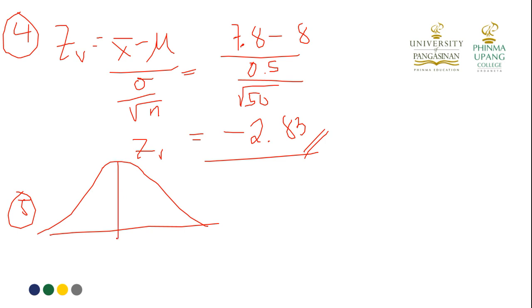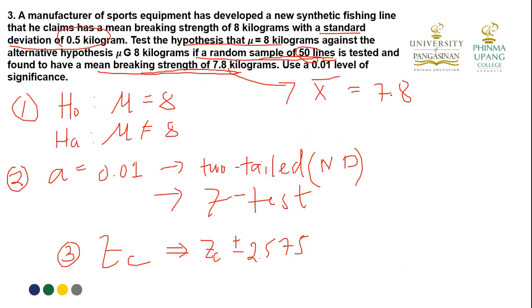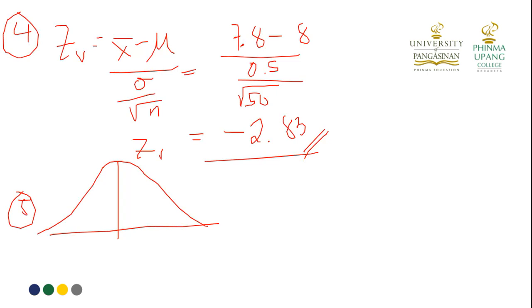We're going to use the left side portion of our normal distribution again, with 2.575 for the critical region. Negative 3, 2, 1. Negative 2.5 is approximately here. This is our critical region.